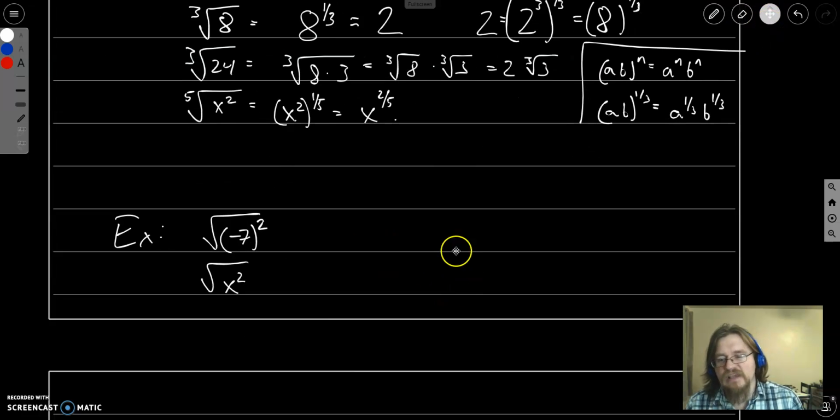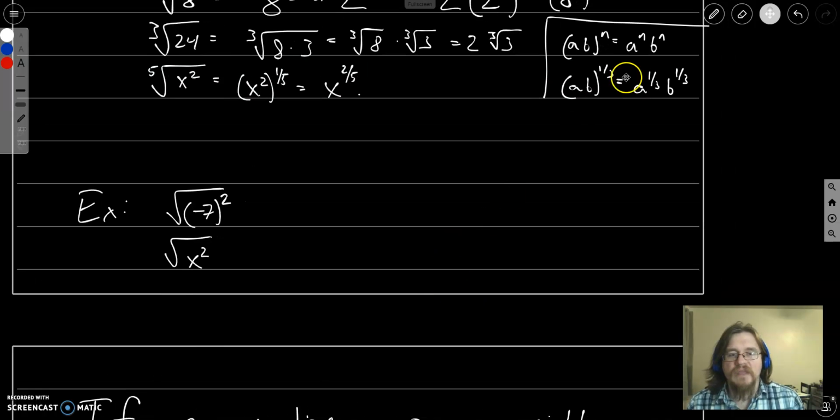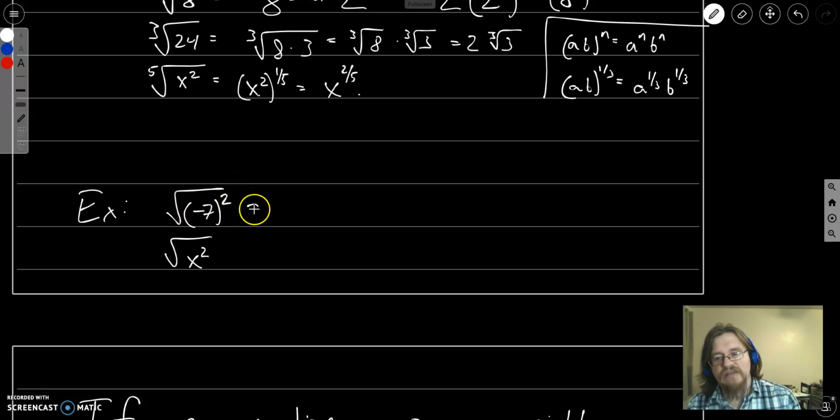There are a couple things to keep in mind though. Let's look at this example here. I've got the square root of -7 squared. Typically, when we think of square roots and squaring something, they undo each other. So it's really tempting to say, if I take the square root of a square, they just cancel out and I get -7. This is not the case though, and we need to be careful.